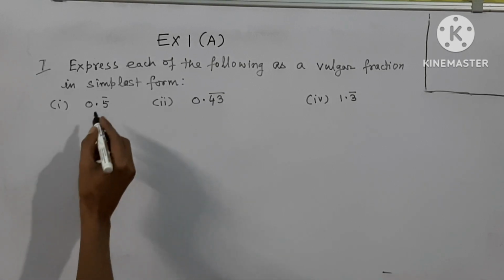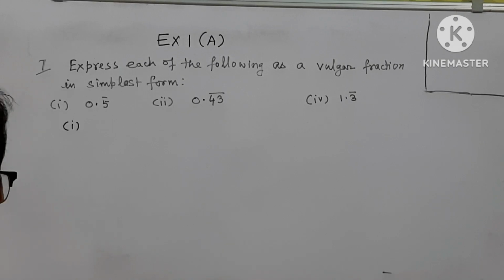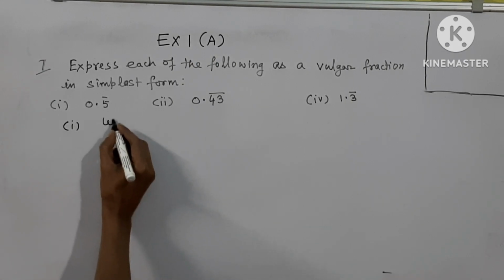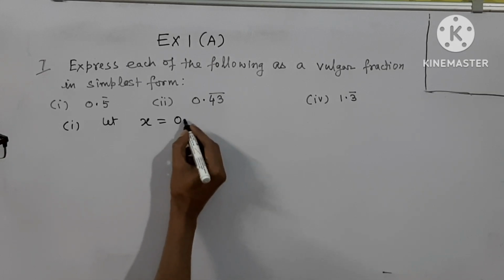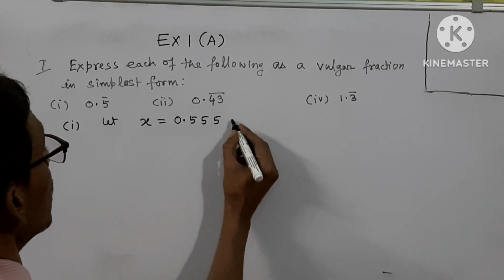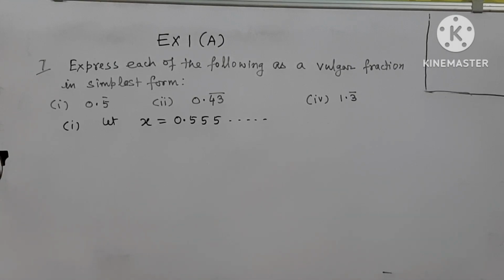So see very carefully, it is easy to understand, but you have to give some focus. Let x equal to 0.555, that means 5 is repeating infinitely.